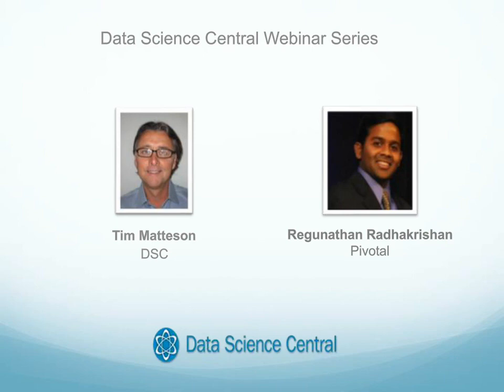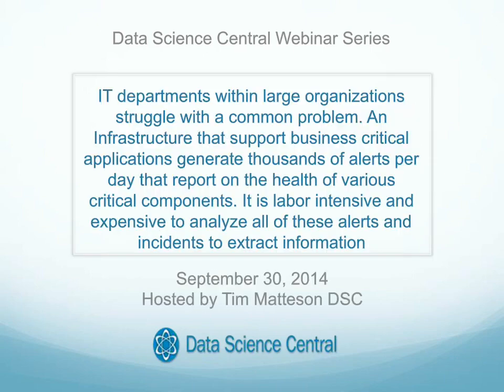IT departments within large organizations struggle with a common problem. An infrastructure that supports business-critical applications generates thousands of alerts per day that report on the health of various critical components. It's a very labor-intensive and expensive process to analyze all of these alerts and incidences to extract the information that is needed.